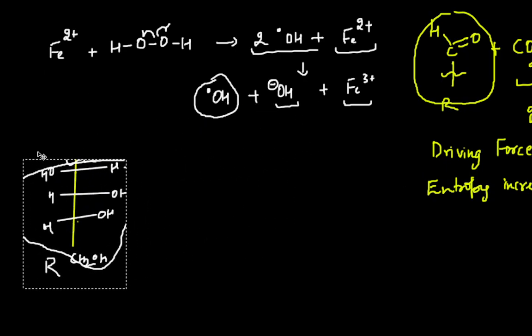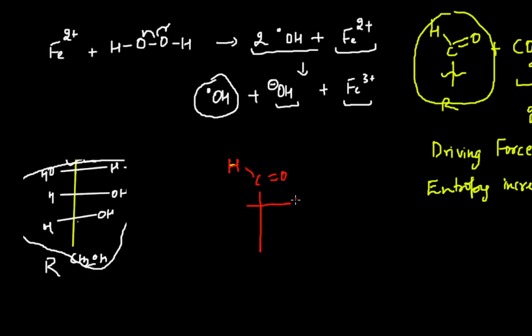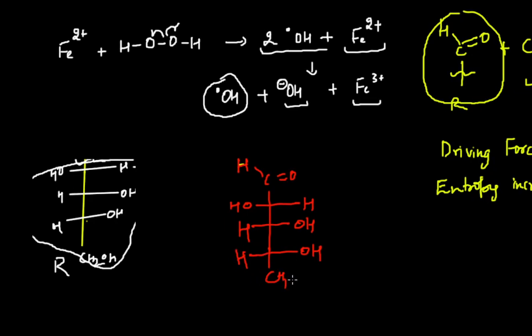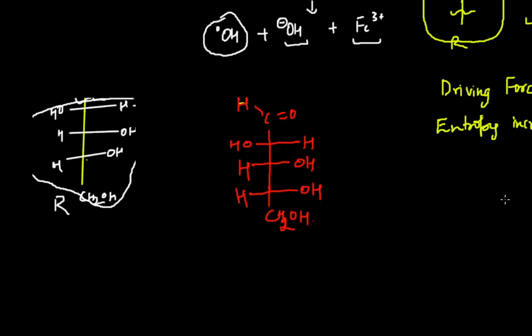So your R, let me write it with this: HCO, H, H, OH, H, OH, H, CH2, H. So how many carbons are there? 1, 2, 3, 4, 5.